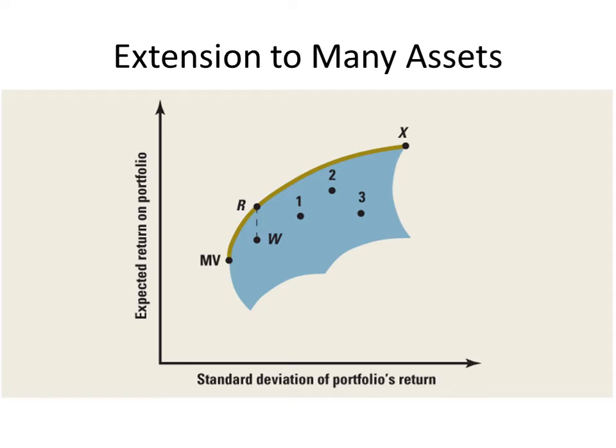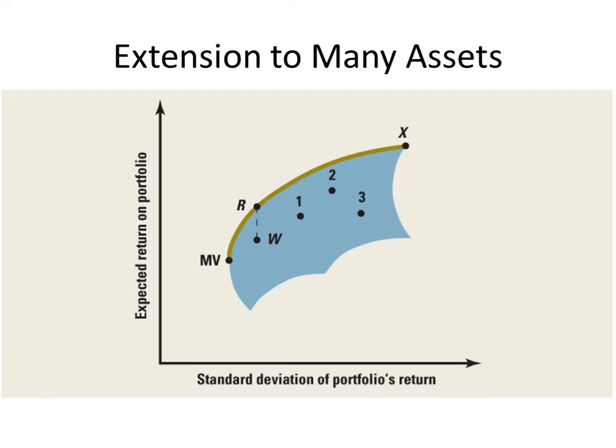The only optimal portfolios in this area are along that green line, and that's called the efficient frontier. Now, we haven't discussed what pushes people along this efficient frontier. It's risk aversion.